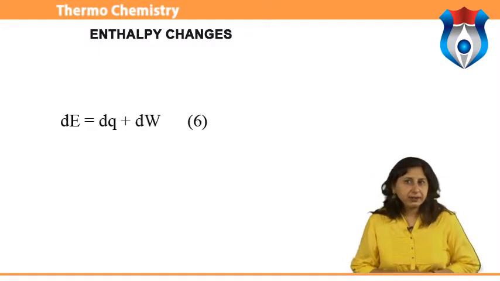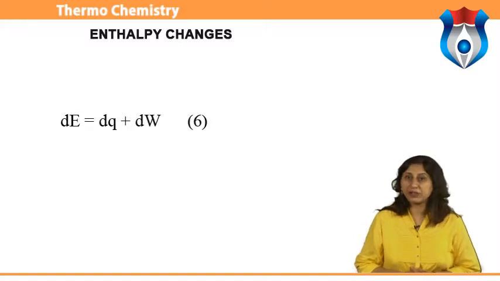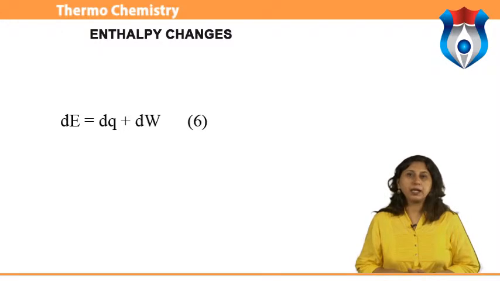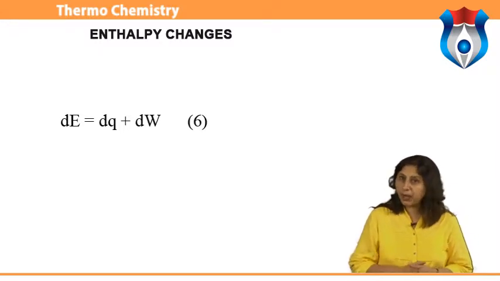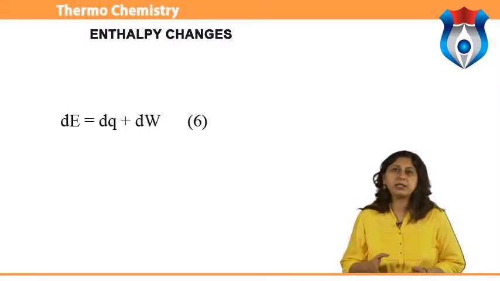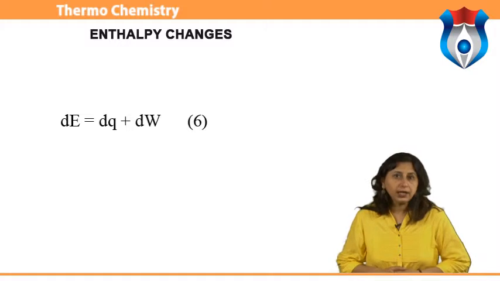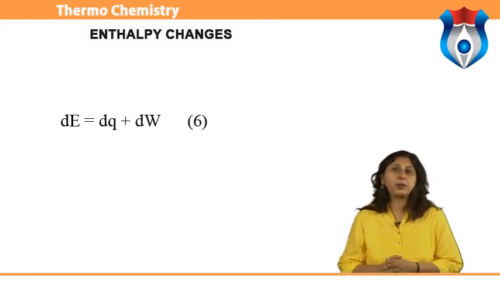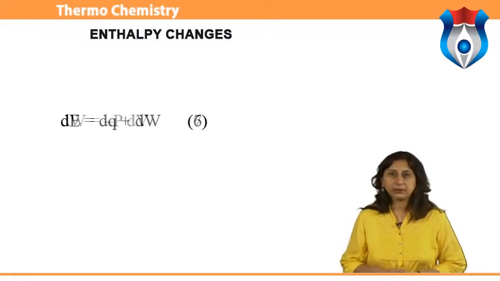For infinitesimally small changes, equation 5 can be written as dE is equal to dQ plus dW, where dQ is the amount of heat given to the system, dE is the infinitesimal change in the internal energy, and dW is the work done by the system.